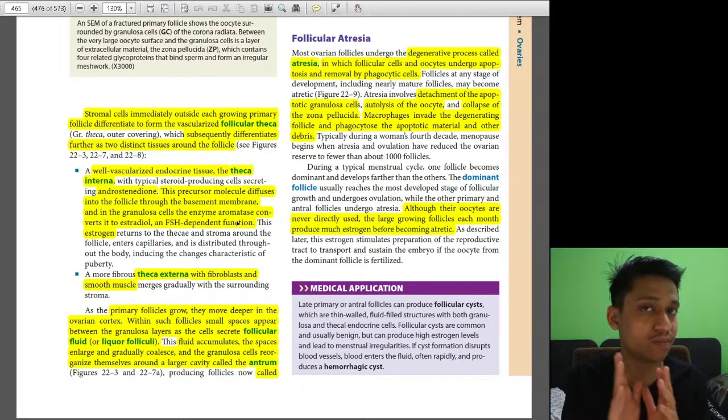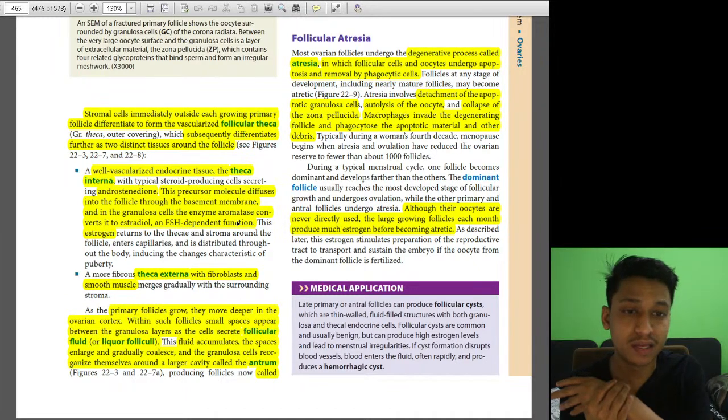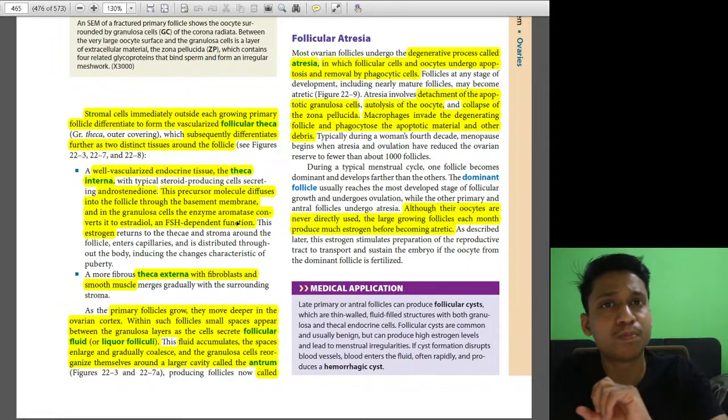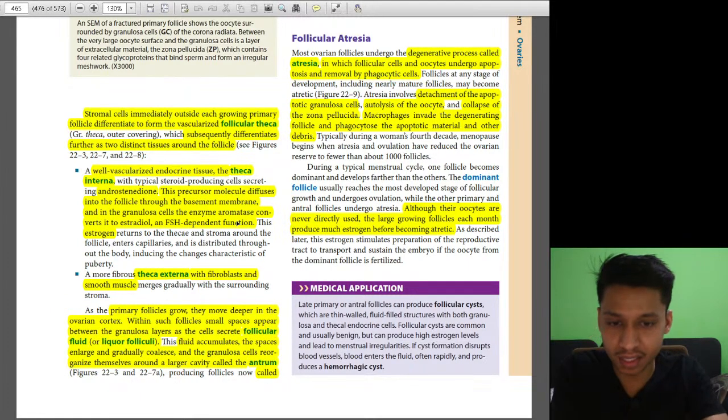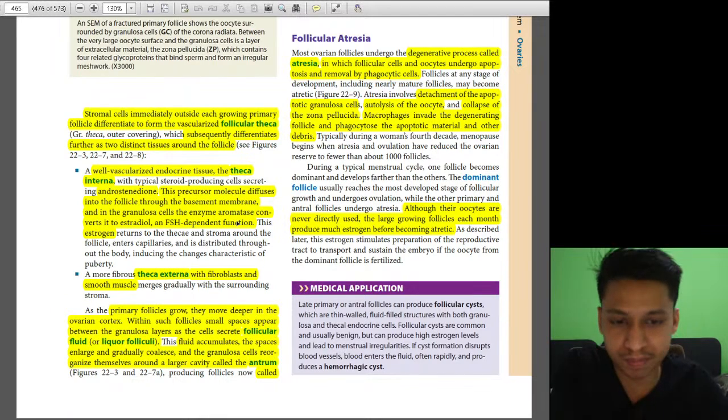This function is dependent on FSH also, guys. So FSH presence is required, starting from the primordial follicle until we have a theca interna and a multilamellar follicle.